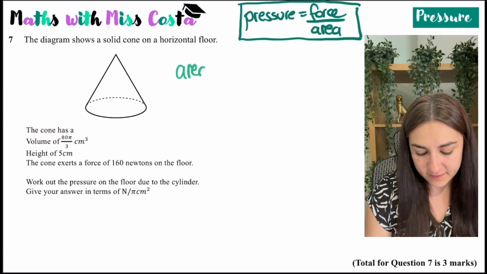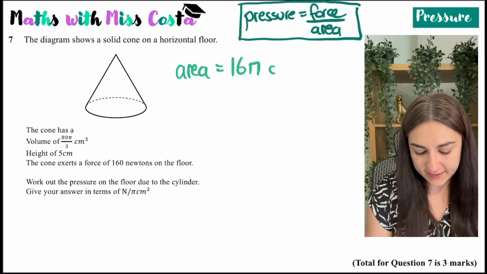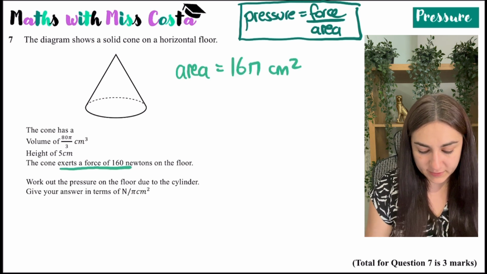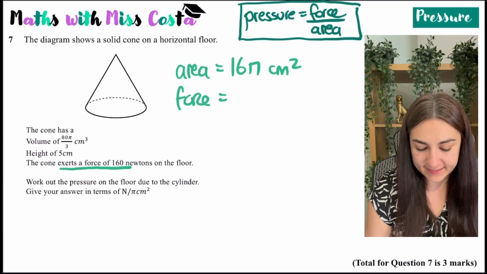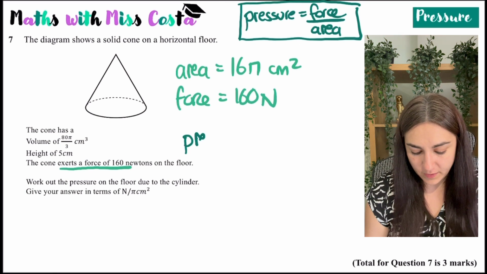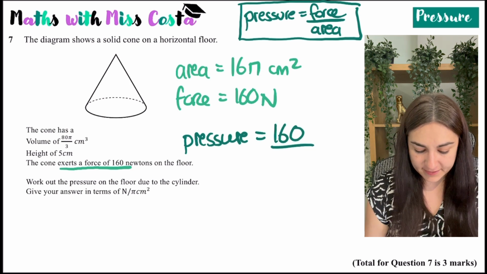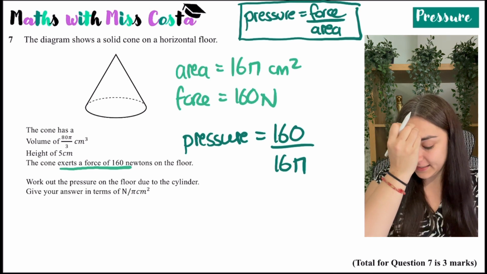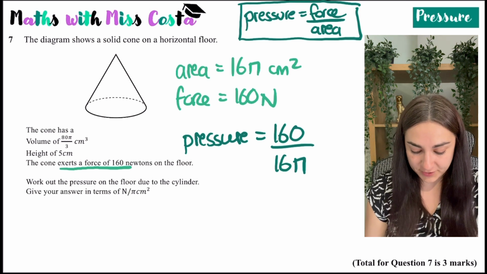So the area is 16 pi centimeters squared, and I am told that the cone exerts a force of 160 newtons. And how do I work out pressure? Well, pressure is force, which is 160, divided by area, which is 16 pi. So if these kinds of things confuse you when you've got a fraction like this, you can just split it up into 2 fractions.